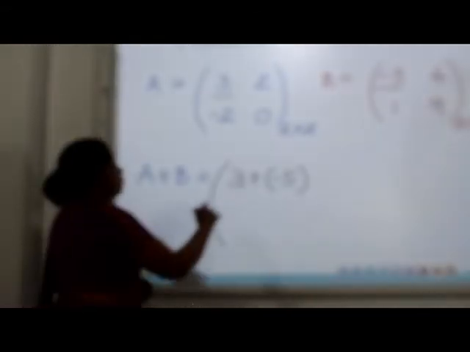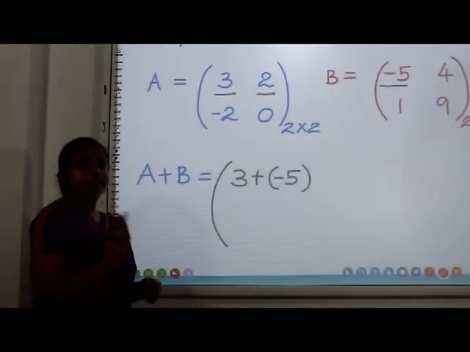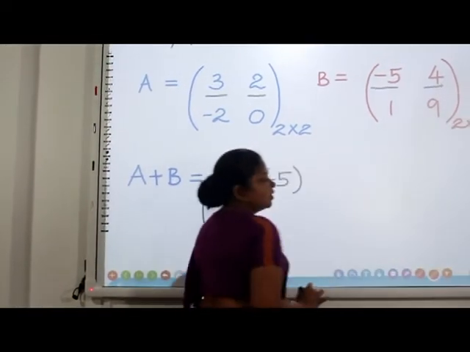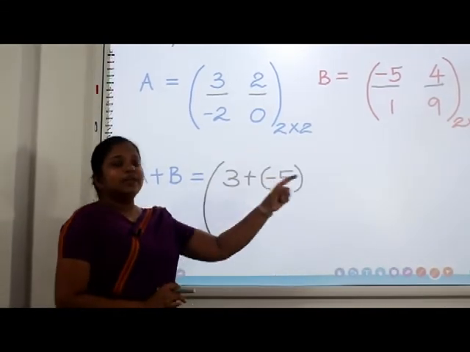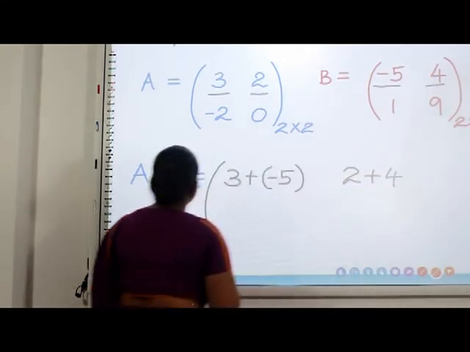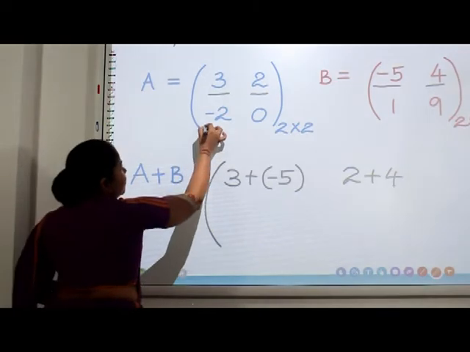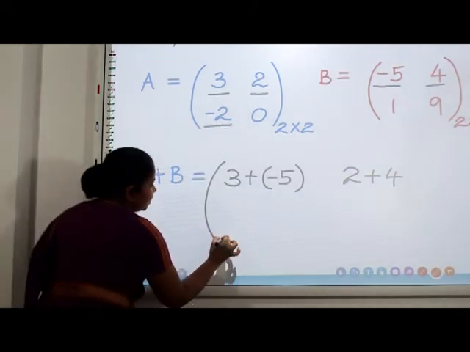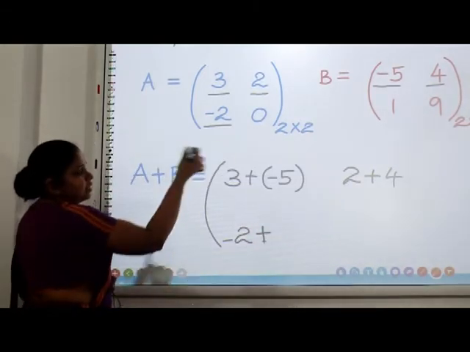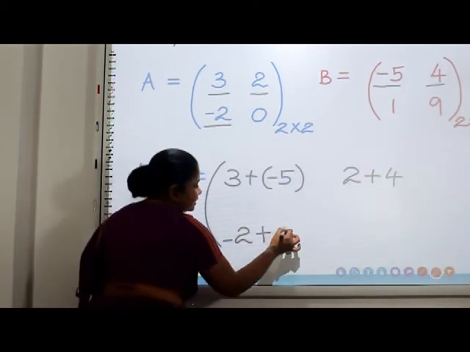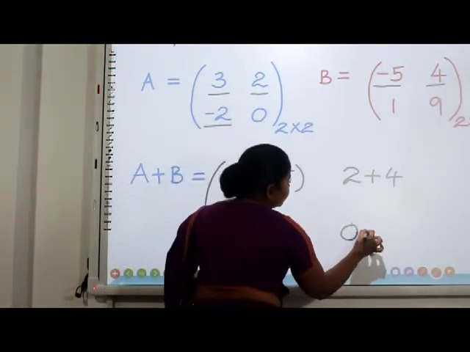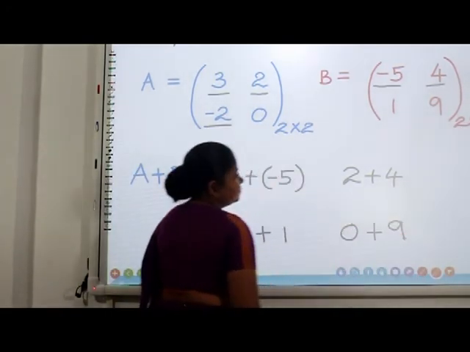And then 2, you have to add the corresponding element of the second matrix, which is 4. Then 2 plus 4. And here, -2 plus, in matrix B, the corresponding element is 1. Then with 0, you have to add 9.